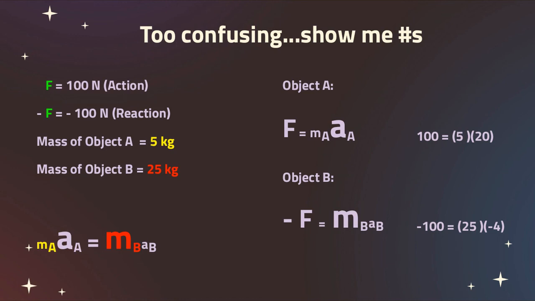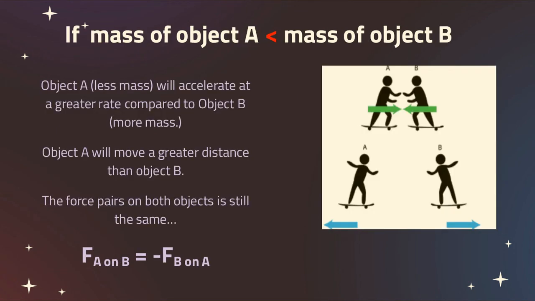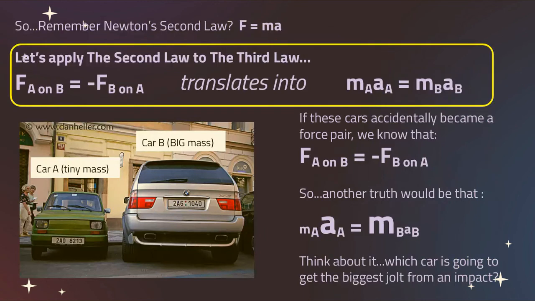And an easy way to think about this, well, we've had plenty of examples, but think about when cars may collide. If we've got a tiny car and a bigger car, and they were to accidentally become a forced pair, they're going to feel the same exact force. However, think about which one will feel the greater jolt.